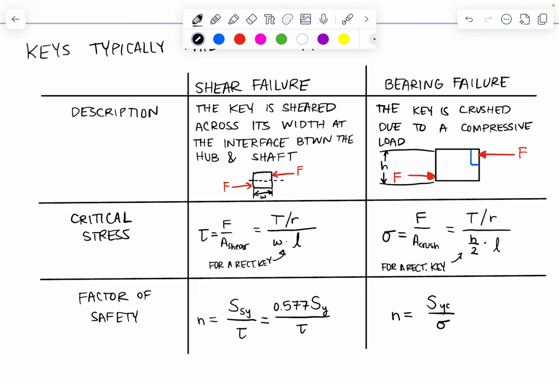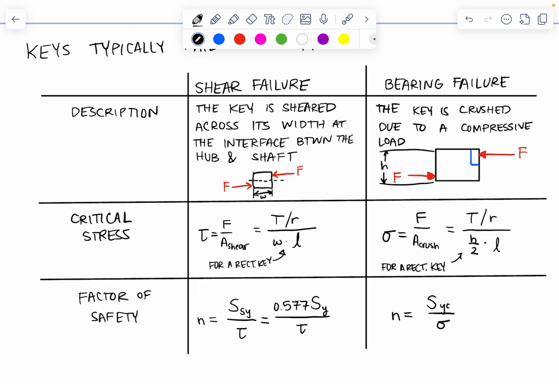Okay, and so to assess the overall safety factor of a key, you're going to need to evaluate safety factors for both failure modes, determine which safety factor is lower, and that is the failure mode that dominates this design.